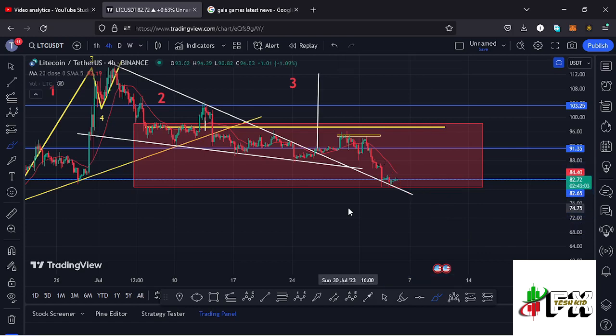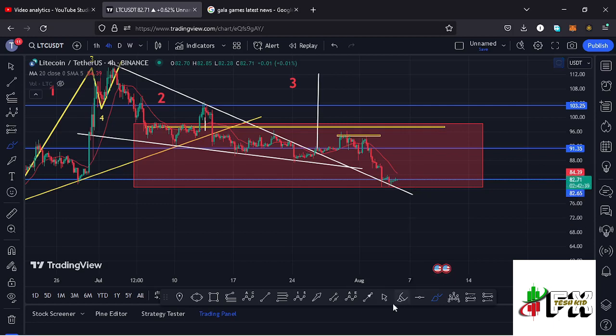So let's continue keeping our eyes on this red target area, which is the bullish support area that Litecoin needs to continue holding. And as long as we hold within it, we can expect higher prices in the formation of that wave 3. And a break to the lower side of this red target area will be suggesting lower prices to the next key areas of support.